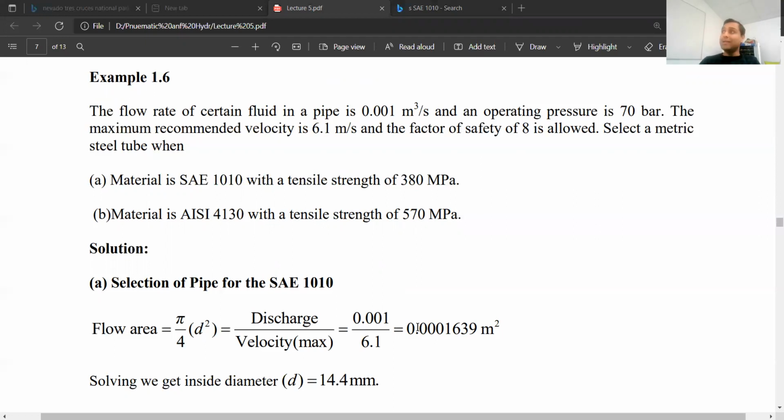So we will get this value for the area, 0.001000016 meters squared.